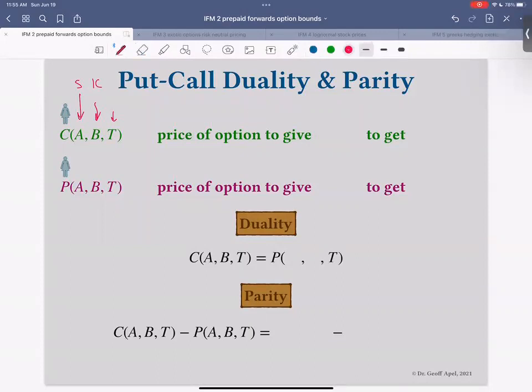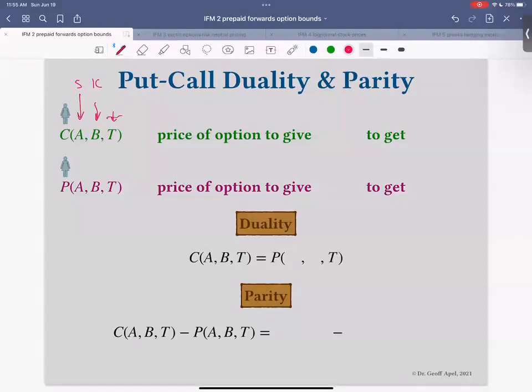Now I want to look at this because we're going to start to go outside of the typical stock, strike, time. What if you have stock and time, or currency and time? We want to abstract this idea in a way that's really nice.